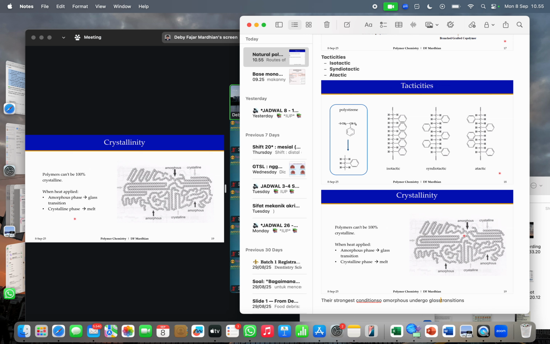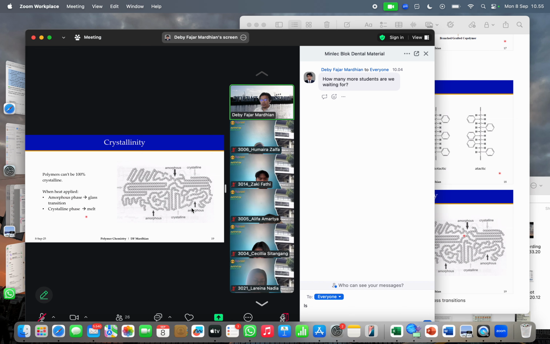But the crystalline phase, since they're all already arranged in a neat way, they already reach their highest strength, and thus they will not rearrange themselves but melt.